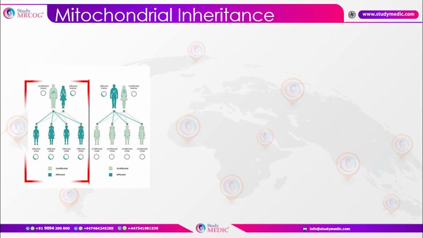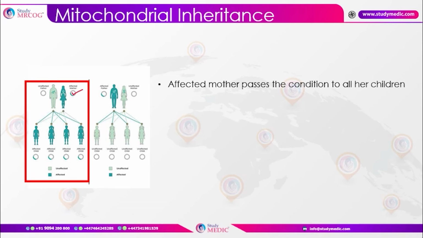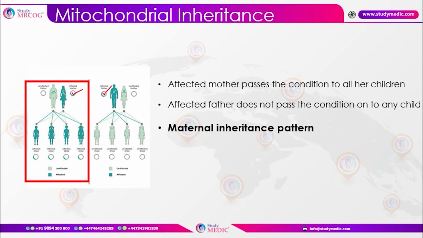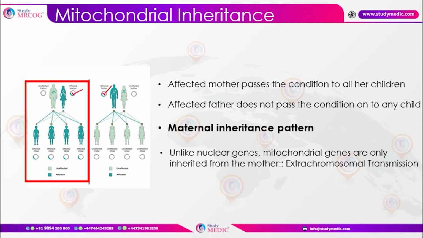So here, an affected mother will transmit the condition to all her children, while an affected father does not pass the condition to any child. This is also called the maternal inheritance pattern, and unlike the nuclear genes, mitochondrial genes are only inherited from the mother. It is also called extrachromosomal transmission.